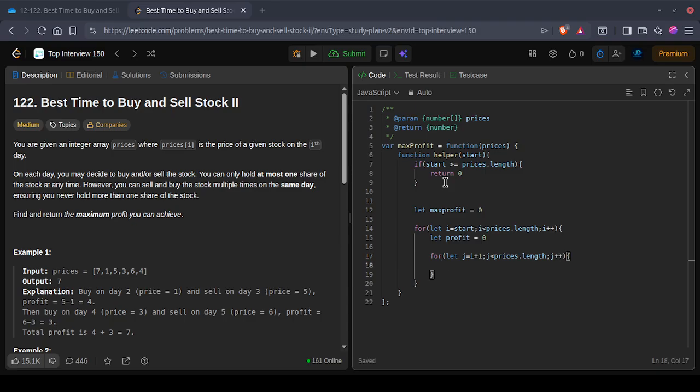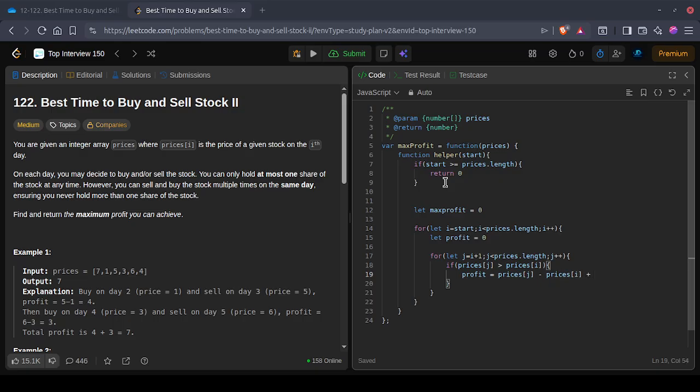And now if the selling price is greater than the buying price, we calculate profit. Meaning if prices of j is greater than prices of i, then profit becomes prices of j minus prices of i.